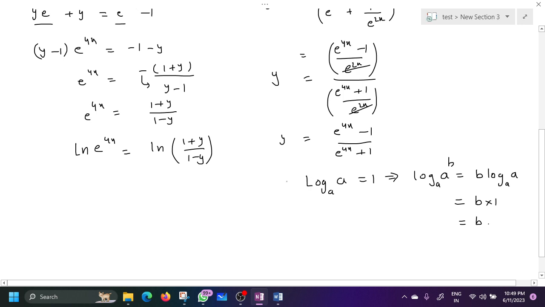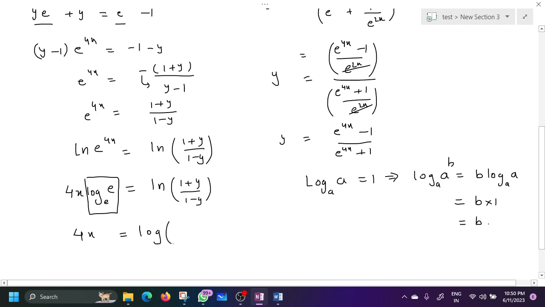So using this rule we can write 4x log base e of e, because ln is log base e, ln of (1 plus y) over (1 minus y). So here this quantity will become 1. So you will get 4x equal to log of (1 plus y) over (1 minus y).